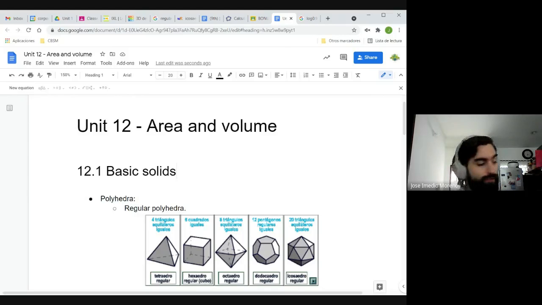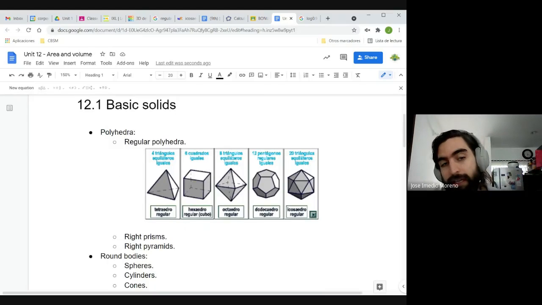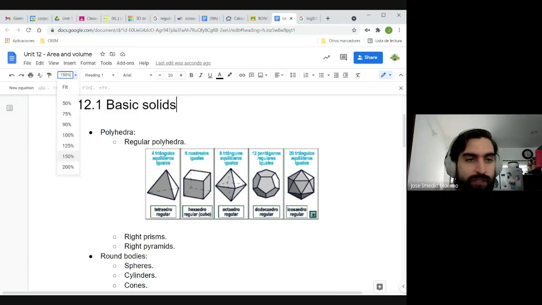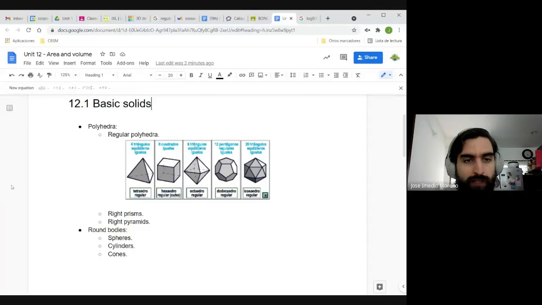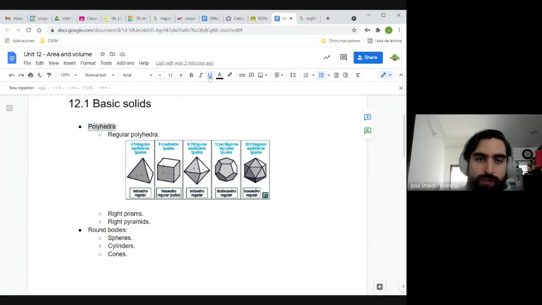As you might guess, solids or geometric bodies are 3D shapes. The ones I called basic solids are actually the following. There are two big groups of 3D objects in geometry, and those are polyhedra, polyhedros, and round bodies, cuerpos redondos.